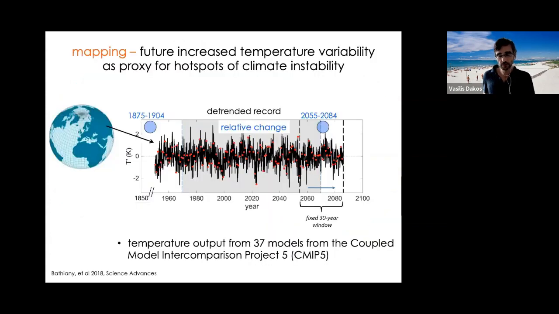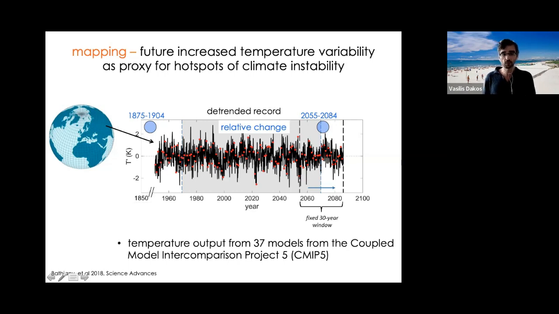So what we did was to compare the projected temperatures at the end of the 21st century to the variability that was observed in the historical record at the beginning of reconstructing temperature profiles.